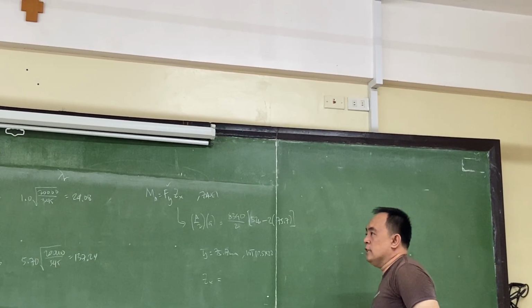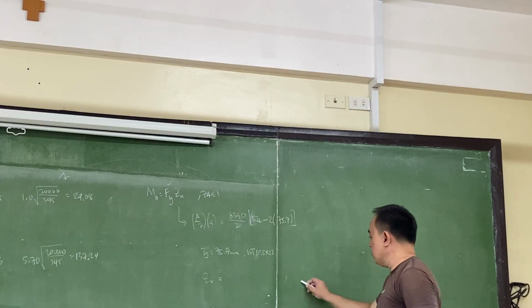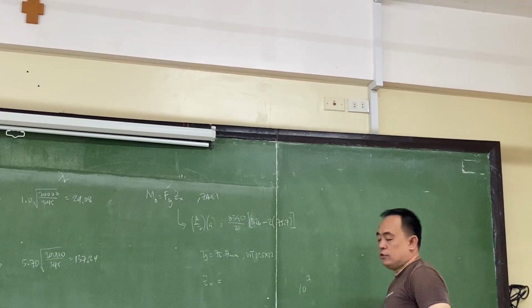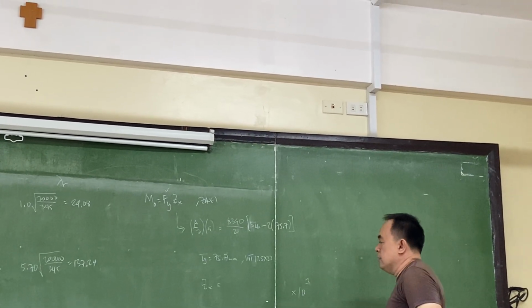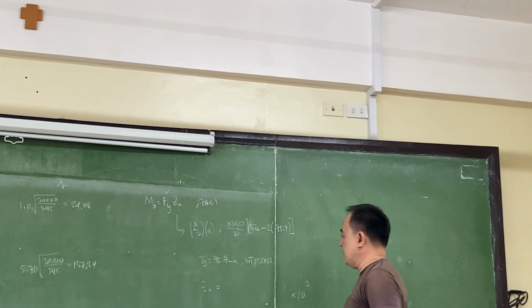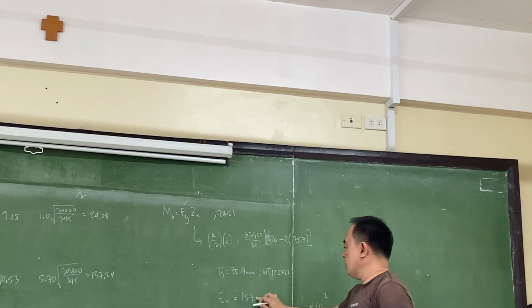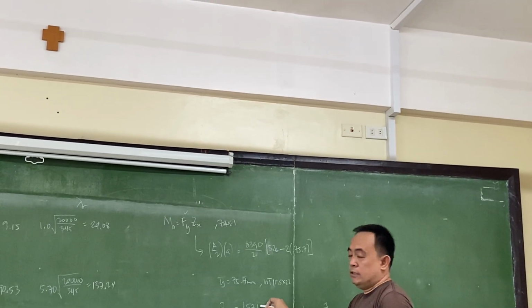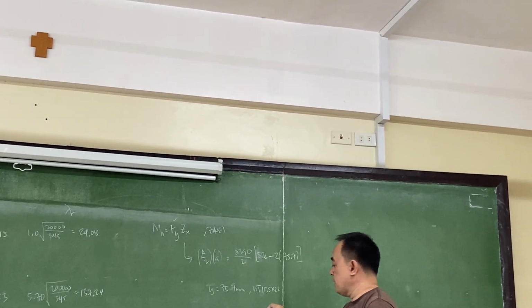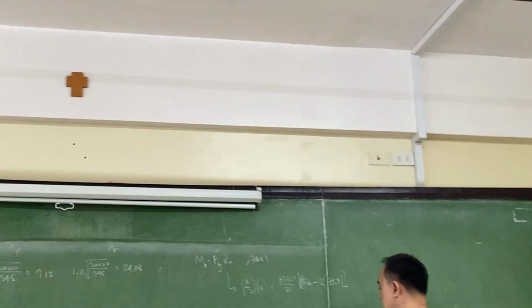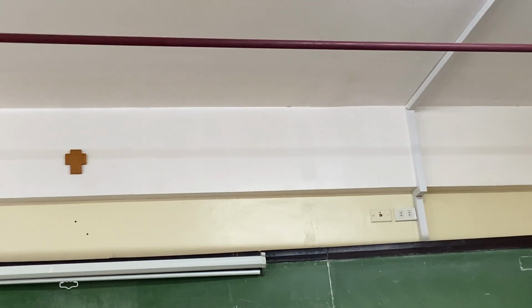Naka 10 to the cube, times 10 cube. 1571.45 times 10 to the cube. So the unit here is mm cubed.